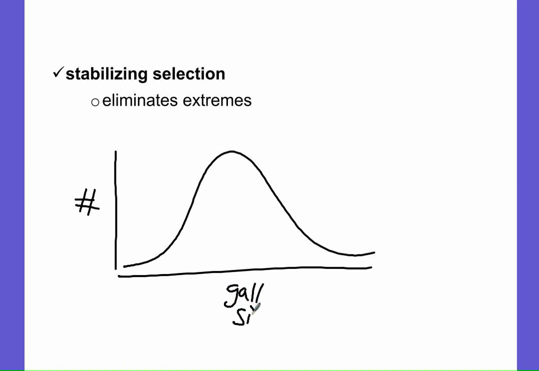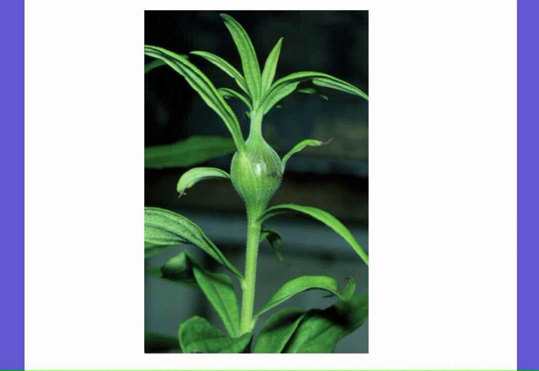We're going to be talking about gall flies and the gall size example in the book. Now, I copy and pasted this picture from the book so that you guys could see it and understand what it's actually talking about. Basically, this fly lays its eggs in the stem of a plant, and that stem becomes enlarged, and that is actually what we're talking about when we're talking about that gall.